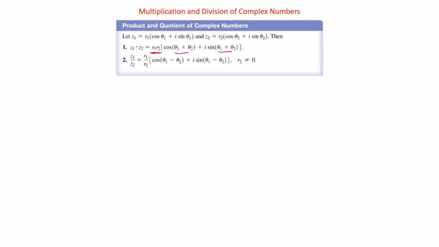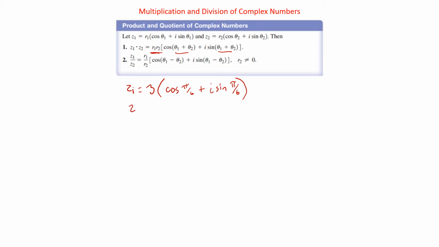So let's say z1 is going to be 3 times cosine of pi over 6 plus i sine pi over 6.